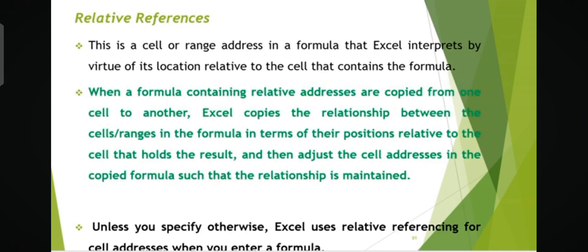So this is a cell reference. A relative cell reference is a cell reference or range address in a formula that Excel interprets by virtue of the location relative to the cell that contains the formula, which is what I explained.